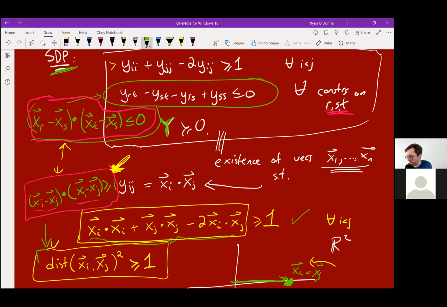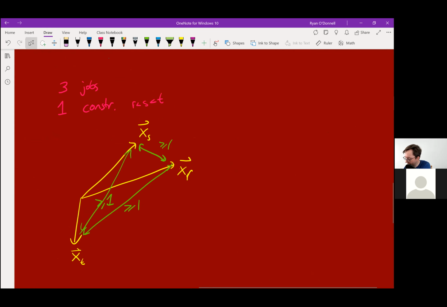What is this one kind of saying? Let's rewrite it over here. It's xr minus xs dot xt minus xs less than or equal to 0?